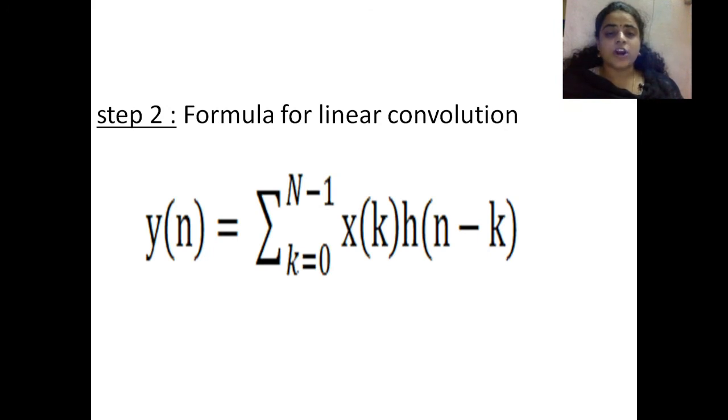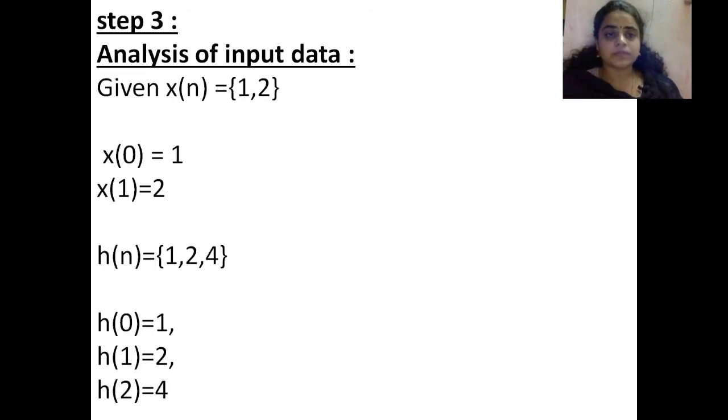Second step, formula for linear convolution. We write the formula y of n equal to summation k equal to 0 to n minus 1 x of k into h of n minus k. Step 3, analysis of input data. Given x of n is equal to 1 comma 2.